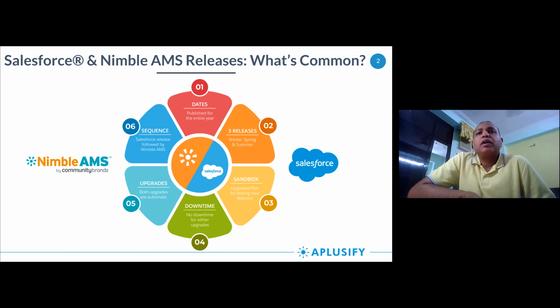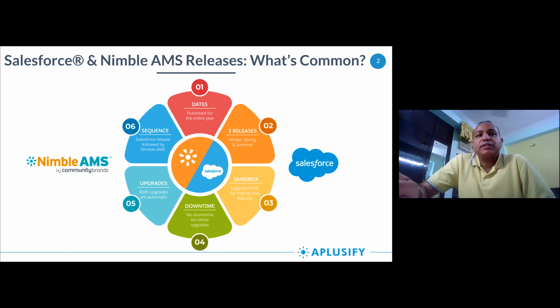As we all know, Salesforce has 3 releases in a year: winter, spring, and summer. Nimble follows the same nomenclature and also does 3 releases in a year, which map to your Salesforce releases: winter, spring, and summer.